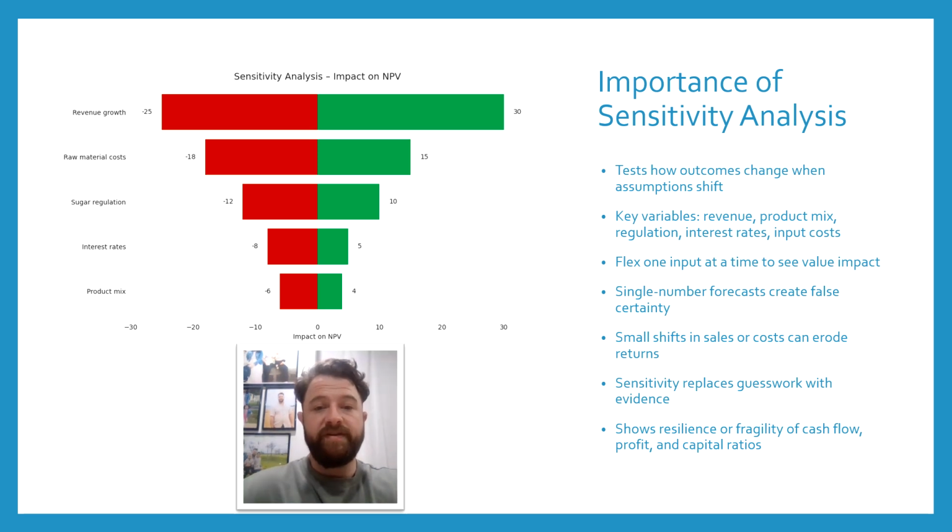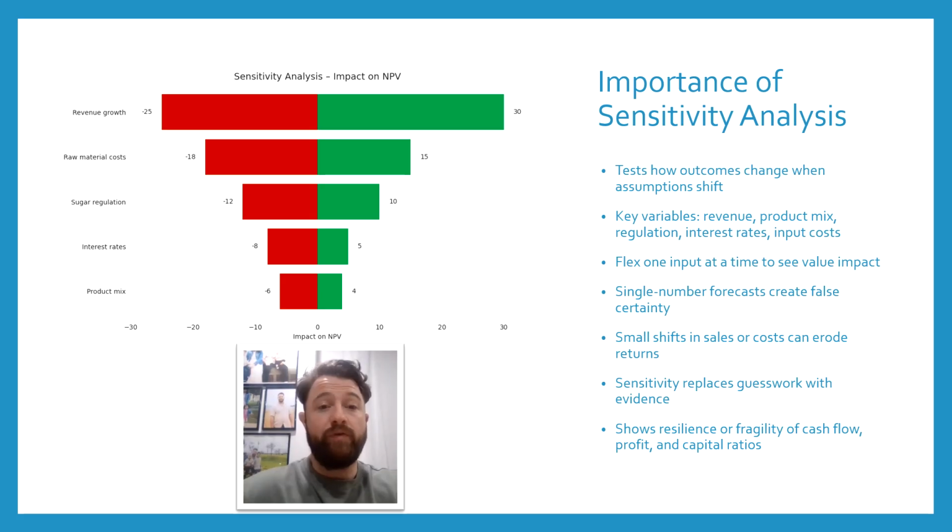Importance of sensitivity analysis. Sensitivity analysis is a practical way to test how outcomes change when the underlying assumptions shift. For Yope, the key variables include revenue, growth, product mix, sugar regulation, interest rates, and raw material costs. By flexing one input at a time, the business can see which factors drive the greatest change in value.